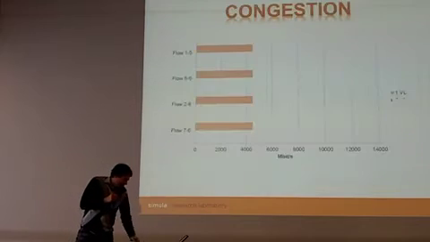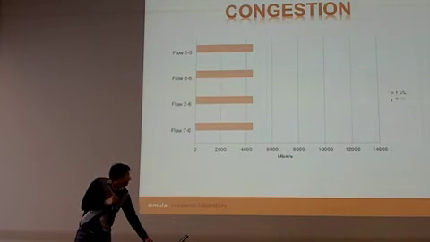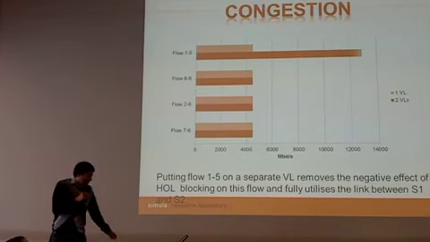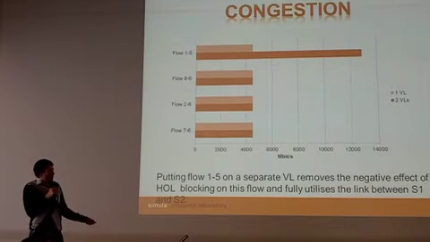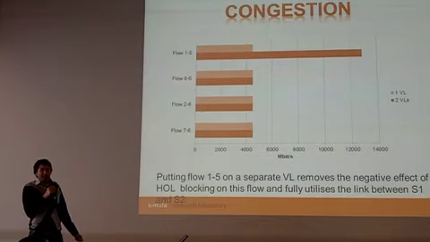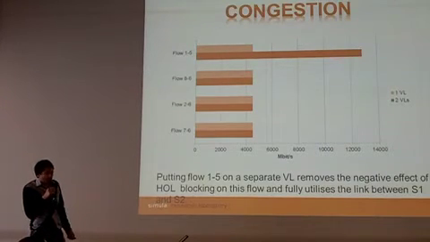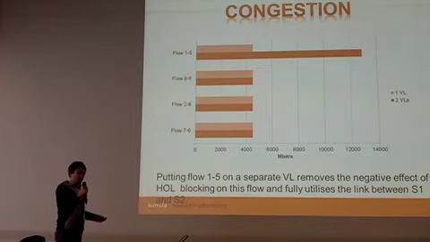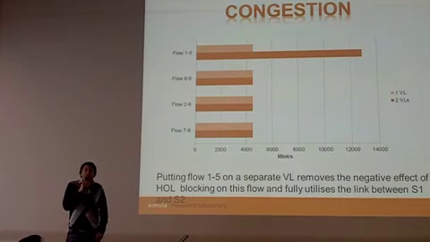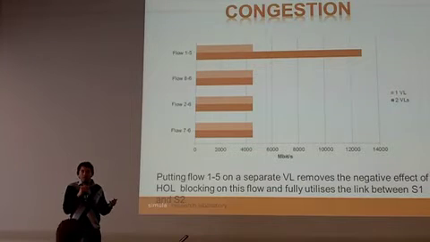And if we return to our results, and this time add the results for the 2 virtual lane case, we see that there is no longer any negative effect of the head-of-line blocking because this flow is no longer head-of-line blocked. So this serves to show the gain that is possible by using virtual lanes to avoid congestion.